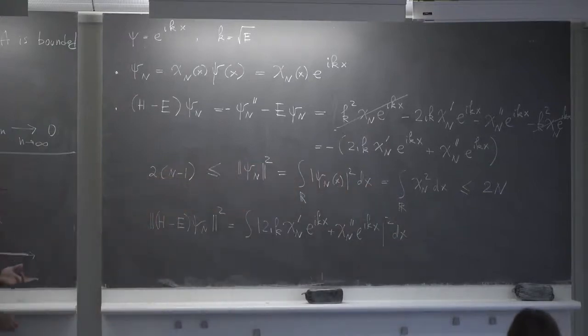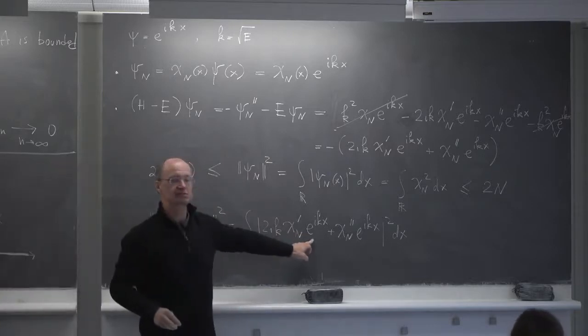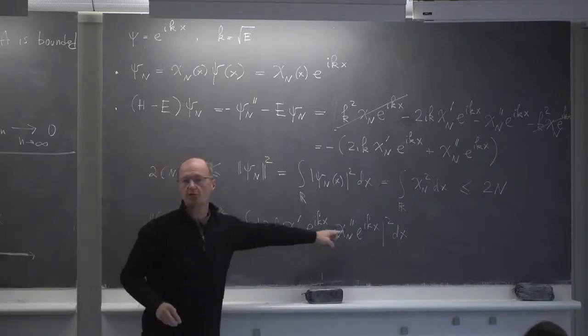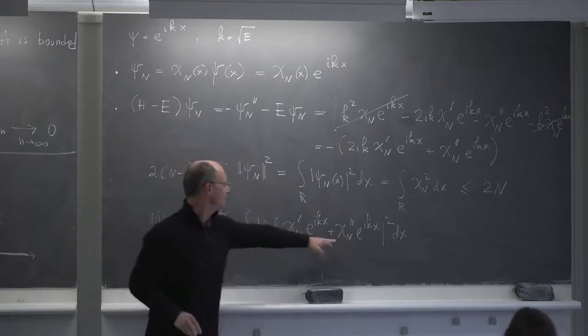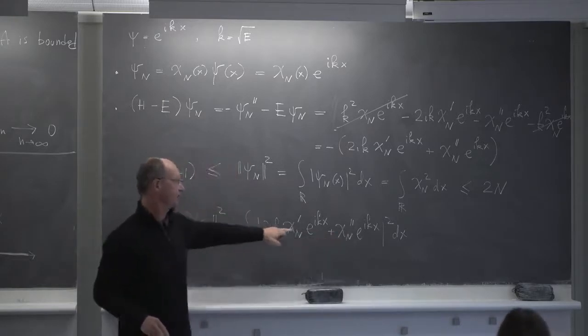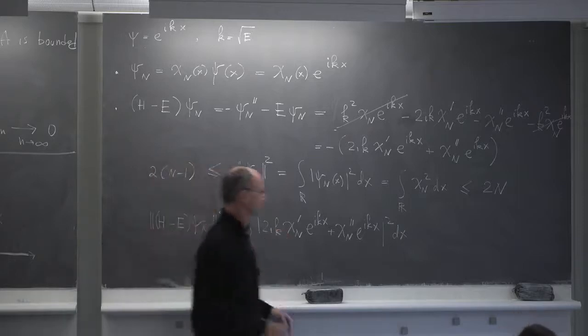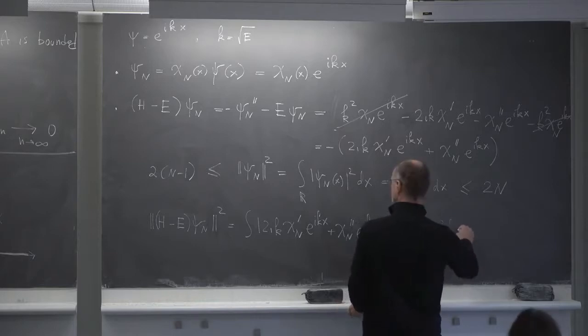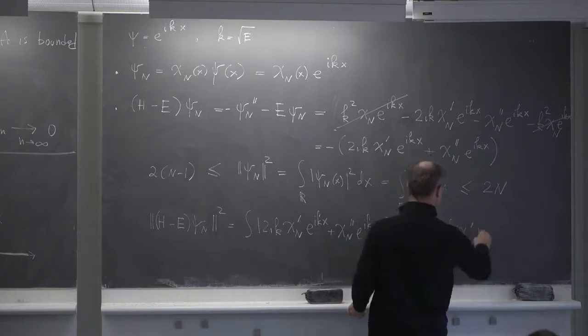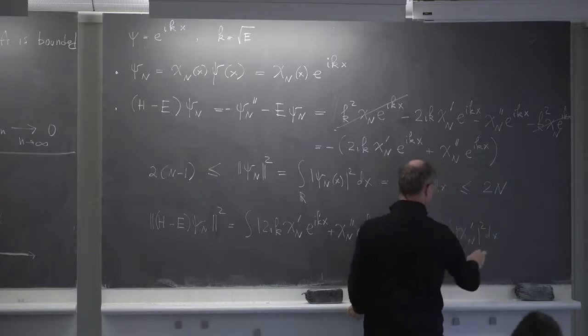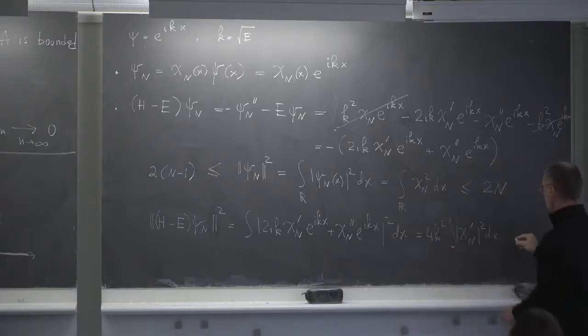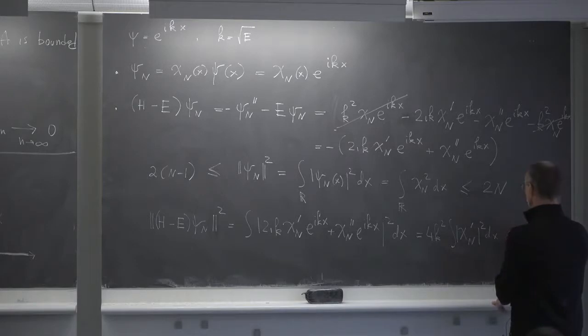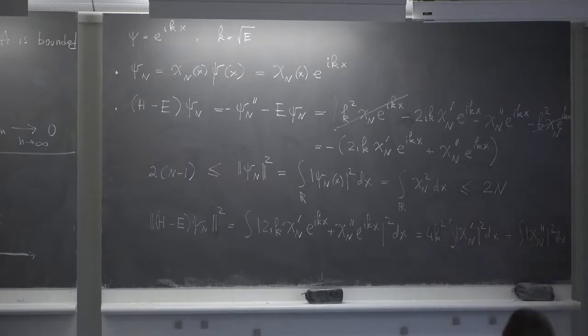Now it's actually kind of nice. Again, the phases will disappear, right? Because it's a common phase. It goes away. And this is the real part, and that's the imaginary part of this expression. So this is equal to 4k squared, the L2 norm of chi prime, plus the L2 norm of chi n double prime.